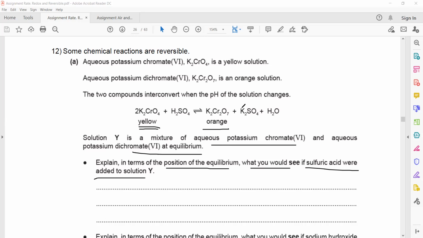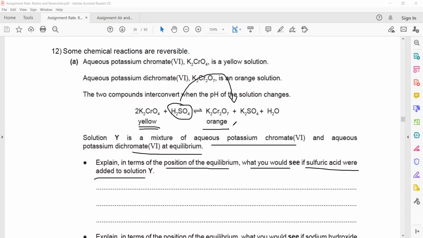If I add sulfuric acid, H2SO4, where will the equilibrium shift? Because we are adding a reactant, the equilibrium shifts towards the right.